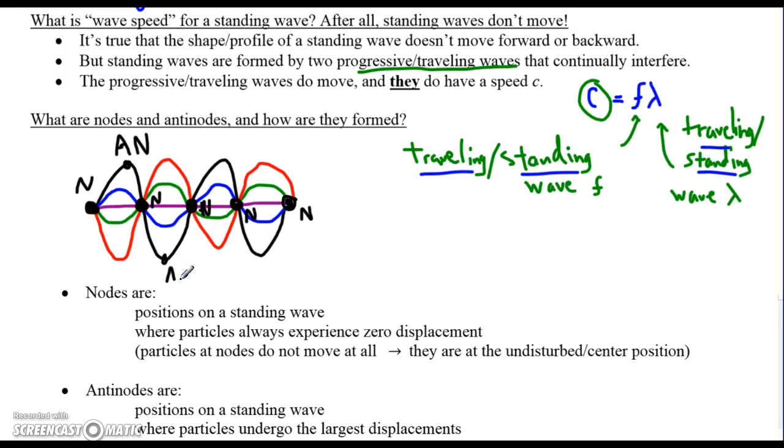That's another antinode. Antinode, antinode. And then here's another antinode. Maybe we should mark X's for the antinodes to distinguish them from the nodes. X for antinode. By the way, I'm using AN for antinode, because A is amplitude. So don't use A. Use AN.